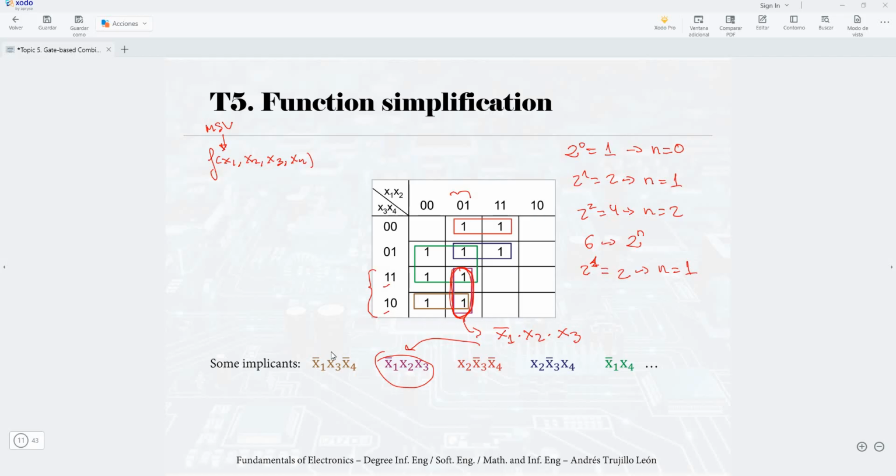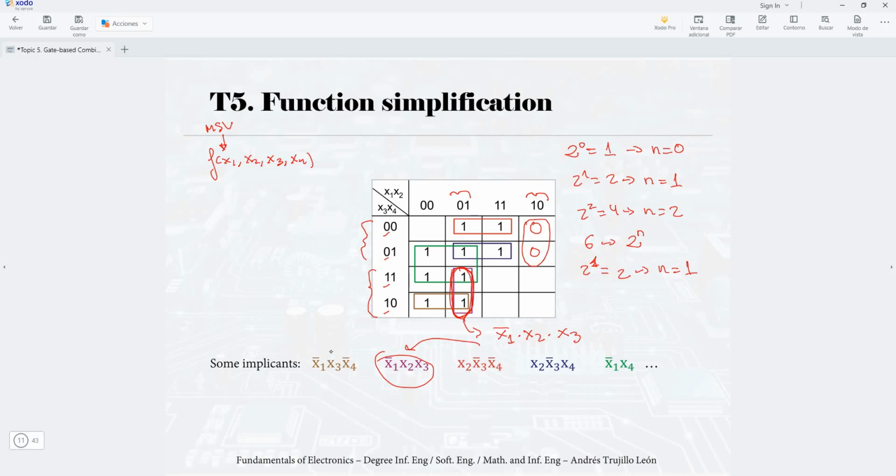Okay, so well, we are going to calculate, for example, this. Imagine that we have this here. We are going to group these zeros into an allowed group of zeros. So here, the variables not changing are both in the columns, and the variables implied in the rows are x3 and x4, and x3 is the one not changing. Remember that with the zeros it is the dual thing, so we are going to have a sum term.